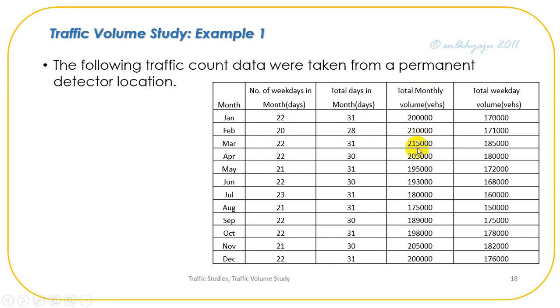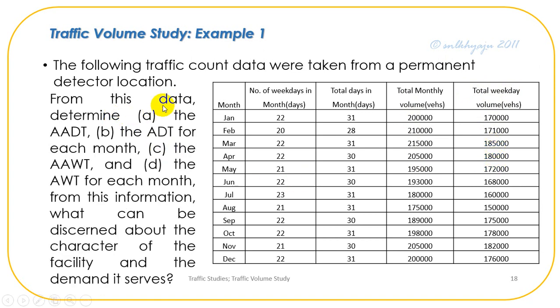And this column shows the total number of vehicles passing through a section of road in each day in each month, and total weekday volume, and this column shows the total number of vehicles passing through a section of road on weekdays of each month.